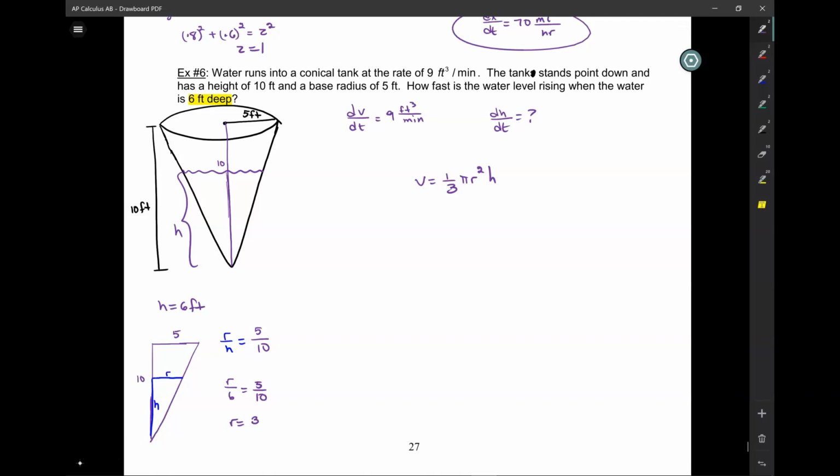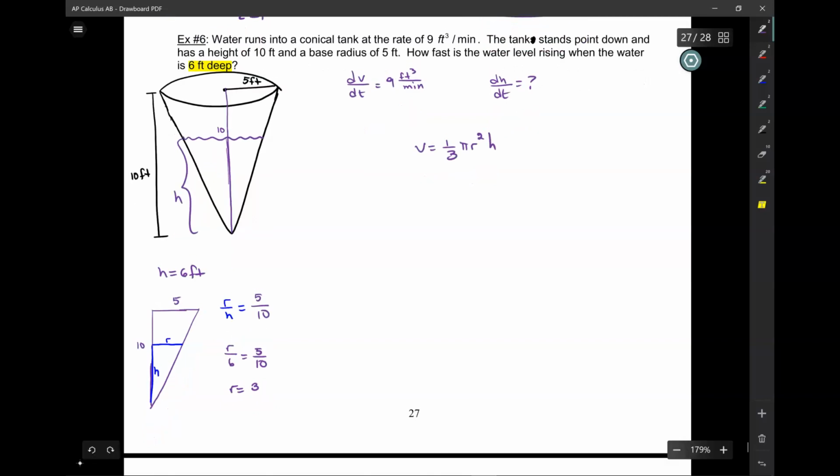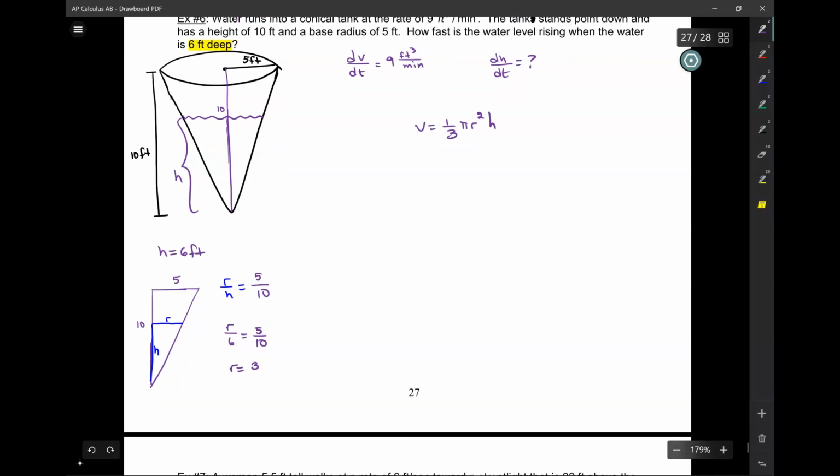Okay, now here I have two variables, right? Let's see if you can eliminate one of the variables. I want dH/dt, so I want H to stay there. But can I eliminate the radius, the R variable? From here, what is R if you solve this? It's H over 2.